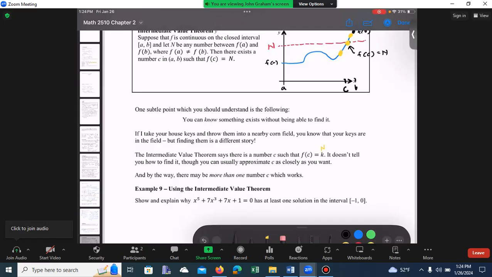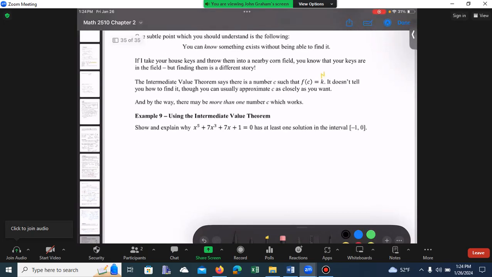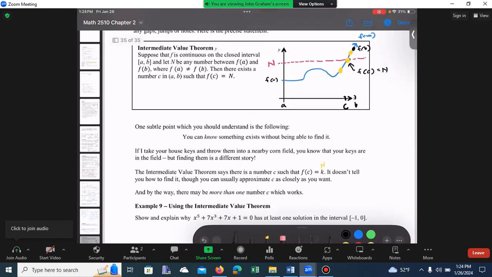But it doesn't tell you how to find it, exactly where it is, or how many there are for that matter. There could be more values of c with that property, for a function that looks like this, where we've added more c values.